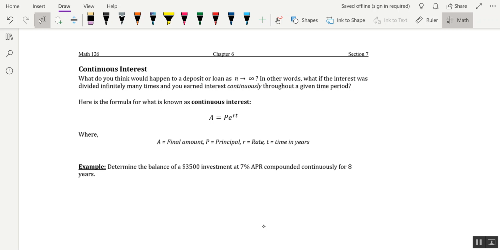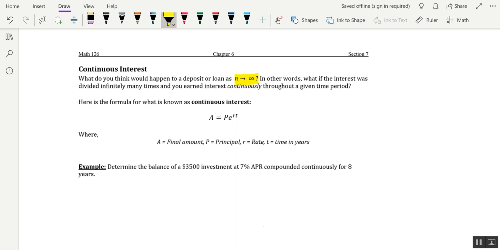For example, if you were to take n and allow it to go to infinity, so I like to say that this is a situation where interest is being compounded at all moments of time, there actually tends to be a limiting value. So, for a while, when n increases, we can see the amount at the end of the term of the loan or investment increasing, but it doesn't increase to infinity, so there's a limiting amount.